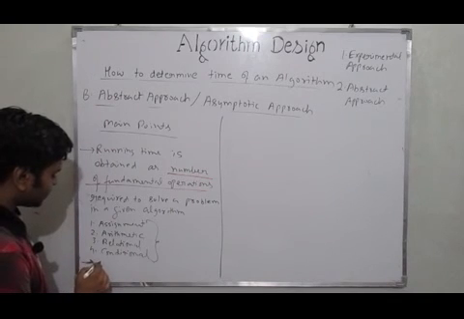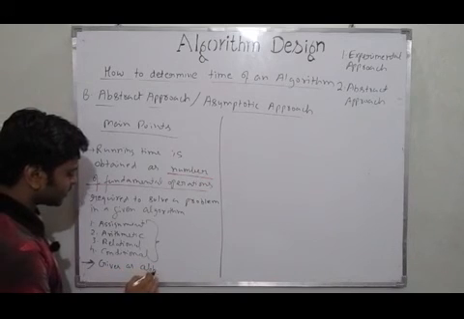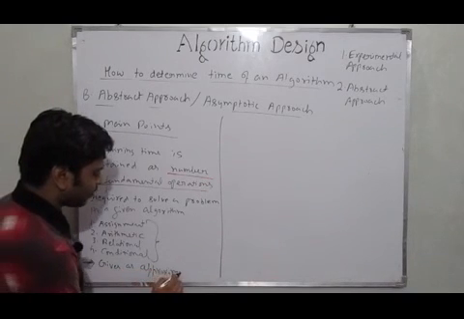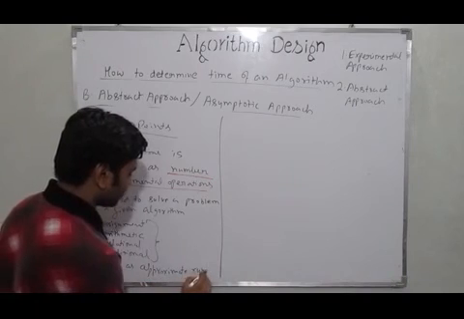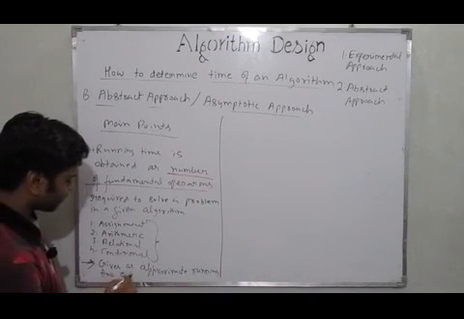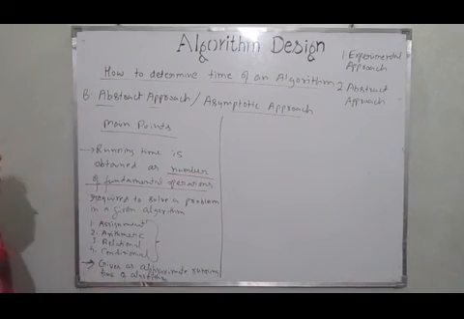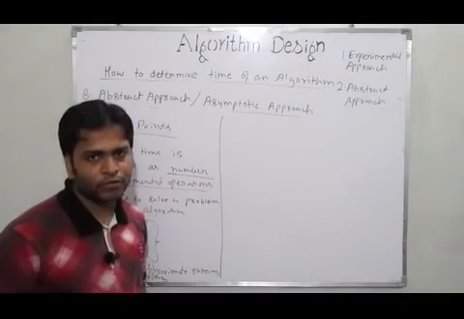it gives us approximate running time for a given algorithm. So that is the basic idea of the abstract or asymptotic approach to determine the running time of a given algorithm.